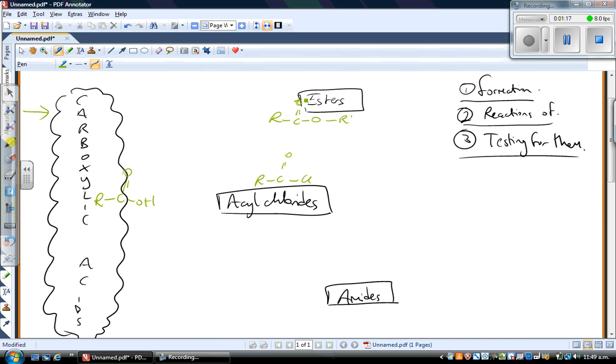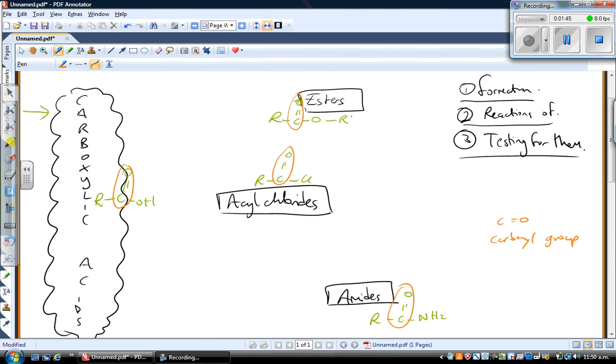So that's the ester functional group. And then the amide functional group is a double bonded carbon and then NH2. You can clearly see, hopefully, the part of the molecule that is in common with all of these is the C double bond O, which is referred to as the carbonyl group.